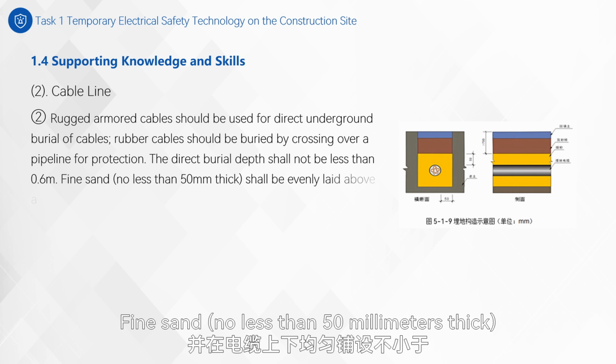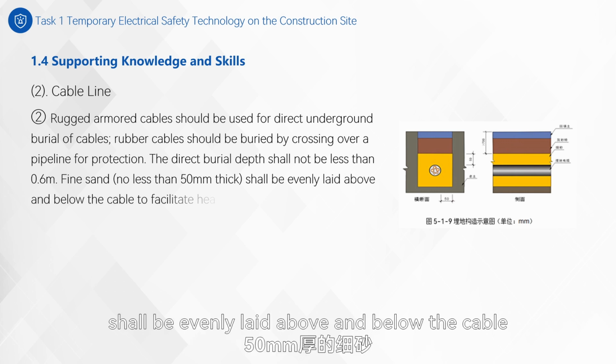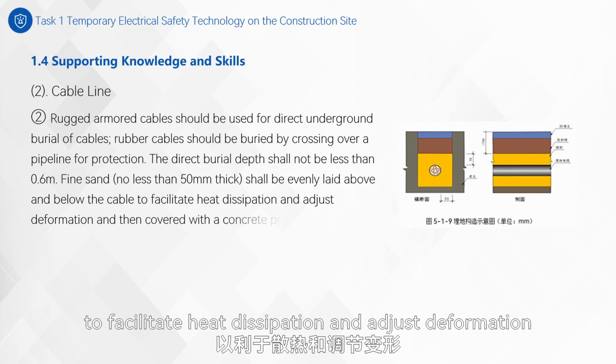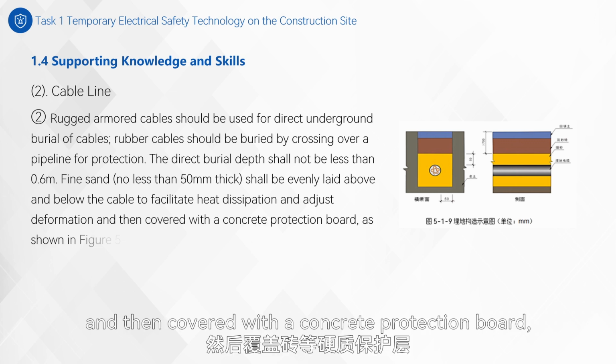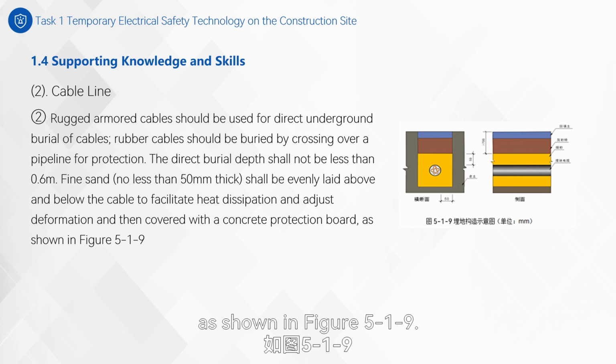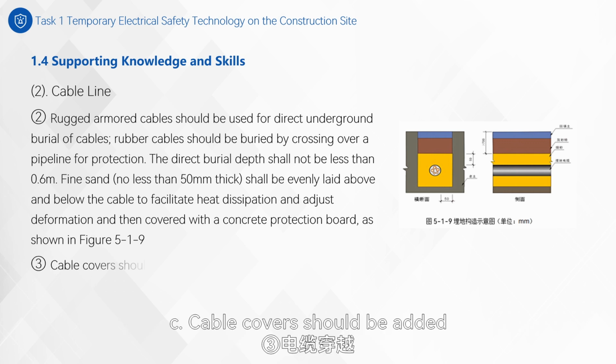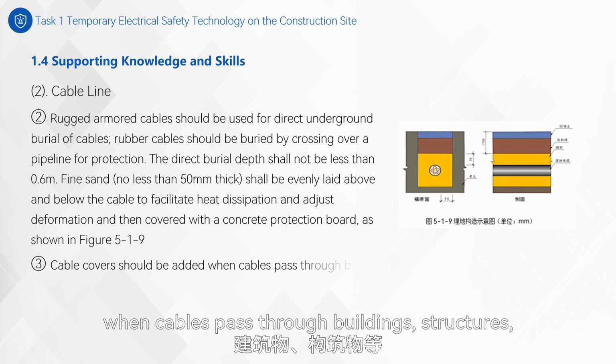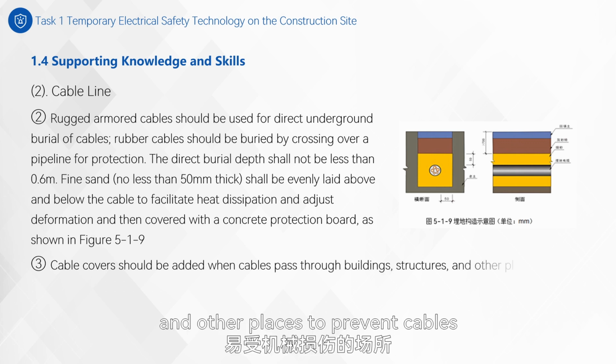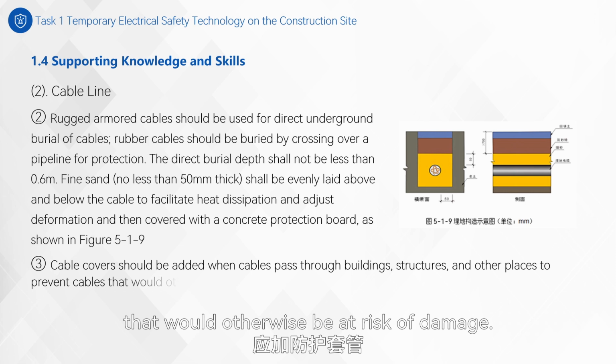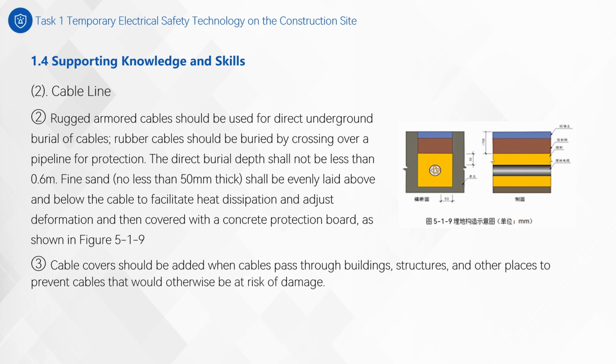Fine sand, no less than 50 millimeters thick, shall be evenly laid above and below the cable to facilitate heat dissipation and adjust deformation, and then covered with a concrete protection board, as shown in Figure 519. Cable covers should be added when cables pass through buildings, structures, and other places to prevent cables that would otherwise be at risk of damage.